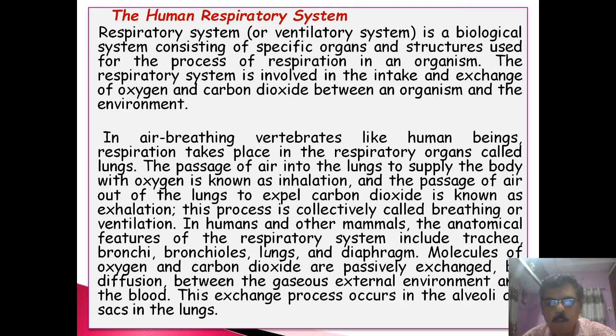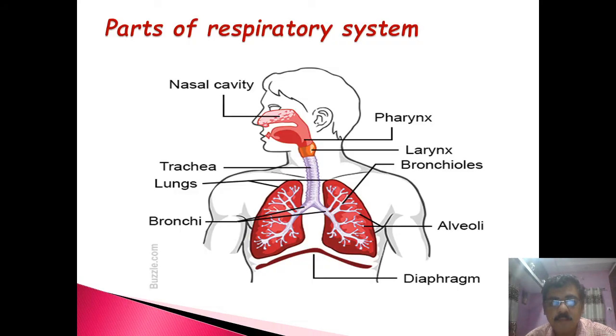The molecules of oxygen and CO2 are passively exchanged by diffusion between the gaseous external environment and the blood. This exchange process occurs in the alveoli, air sacs in the lungs.